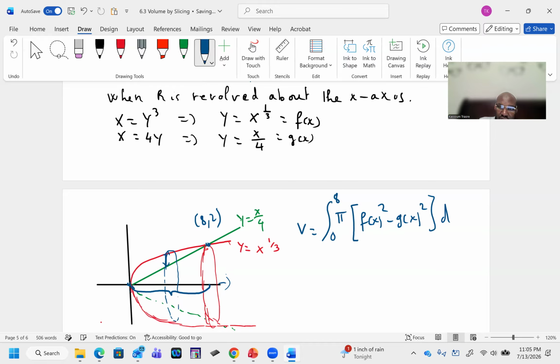So now pi can go out. My f of x is x to the power of 1/3. If I square it, it will give me x to the power of 2/3 minus g of x, which will be x squared divided by 16.